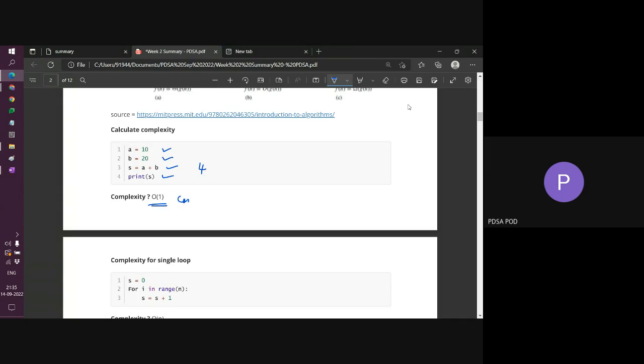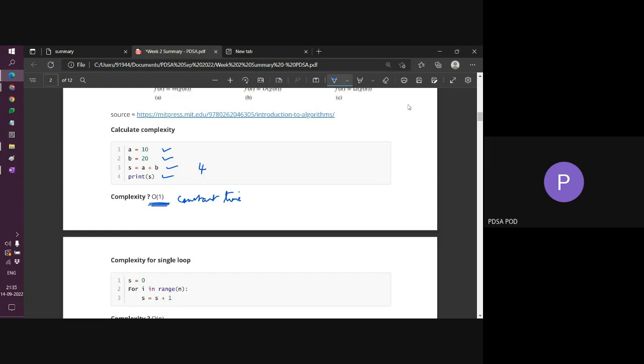This means constant time. For those people who are not aware of this notation, O of 1, it means constant time. What do you mean by constant time? It means the time needed to run this algorithm is not dependent on the input size or the number of inputs or whatever.